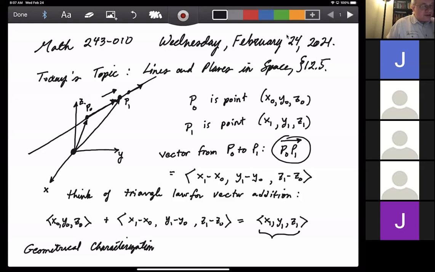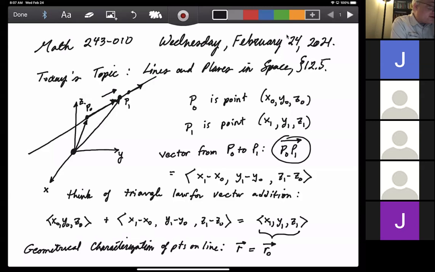So the geometrical characterization of points on the line is that we're going to say R, this vector R, is the position vector for some arbitrary point on the line. And that's going to be some vector R sub 0.